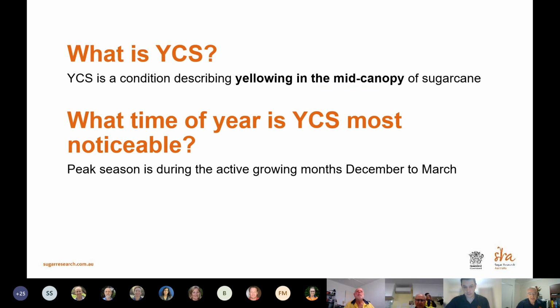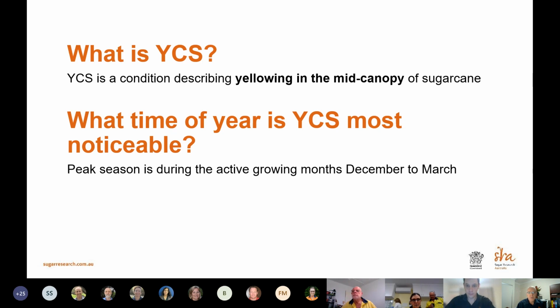Thanks very much, Brad, and thank you everyone who is attending this morning for this Q&A webinar. So yes, as Brad said, I just want to recap on the symptoms of YCS that were outlined in the previous webinar. So what is YCS?